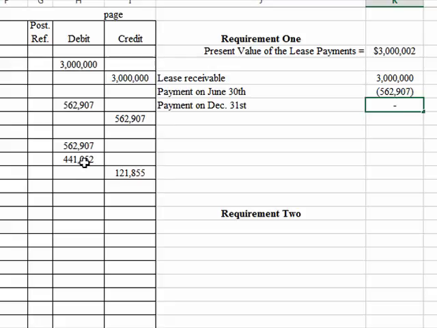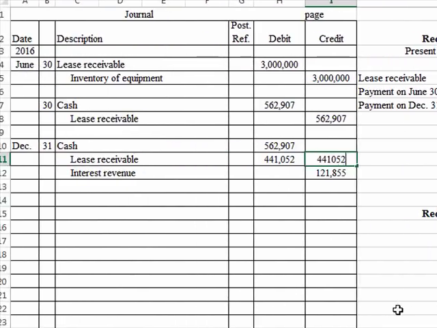This time, though, I just noticed this. You guys probably noticed it a while back when I made my journal entry. This should have been a credit to lease receivable for $441,052 rather than a debit. Sorry about that. I'm sure you all probably caught it as we went along. Right, we're reducing the balance in the lease receivable account.